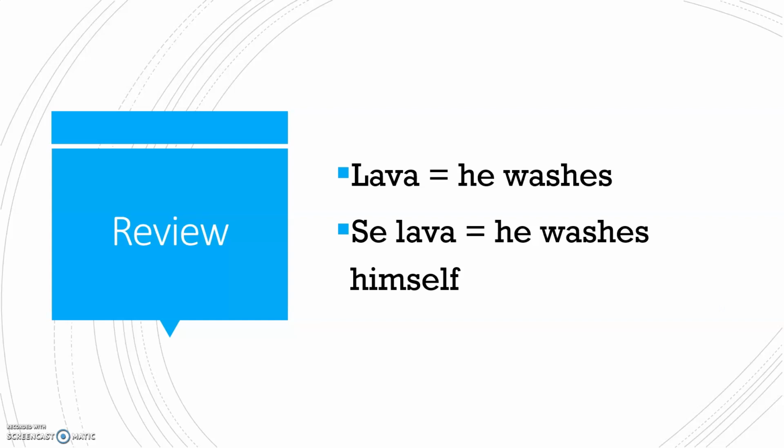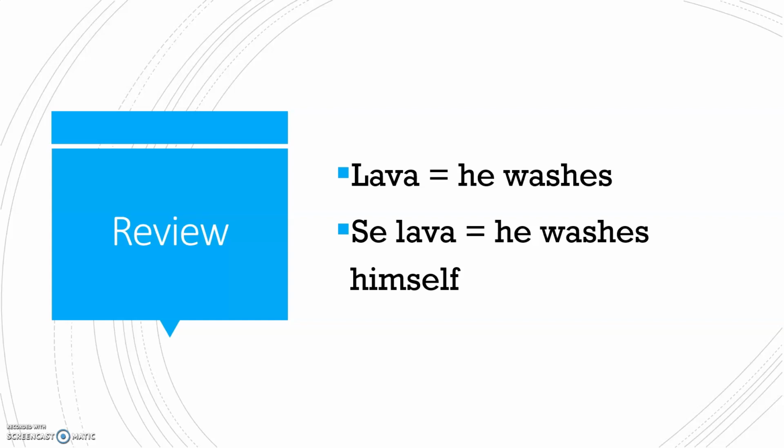One easy way to think about the difference between a regular verb and a reflexive verb is to look at this example. So, lava might mean he washes or she washes, but se lava means he washes himself. The se indicates he's doing the action to himself. So if you want to say that someone's washing their own hands, se lava las manos.